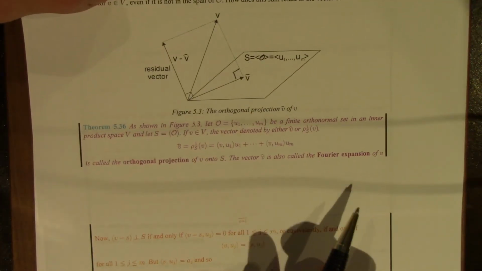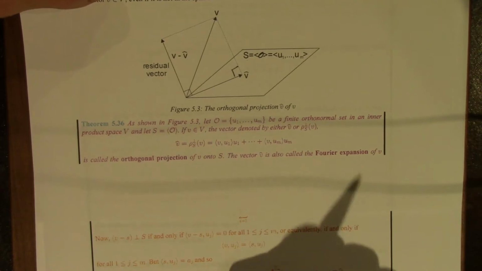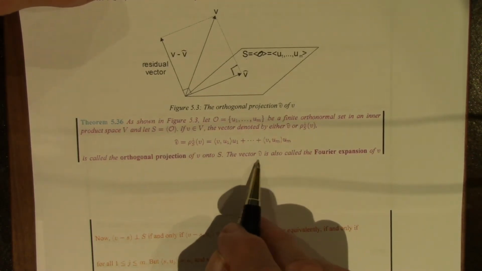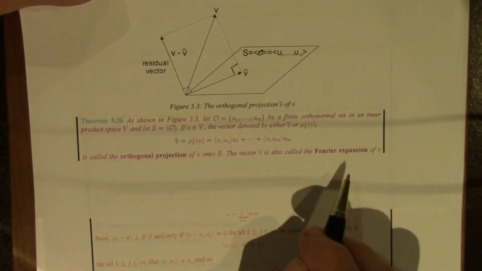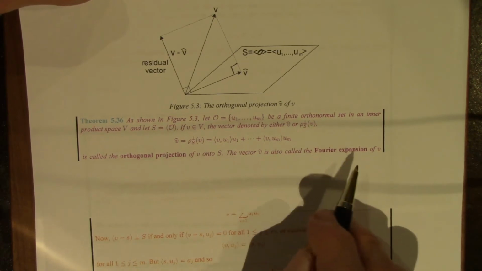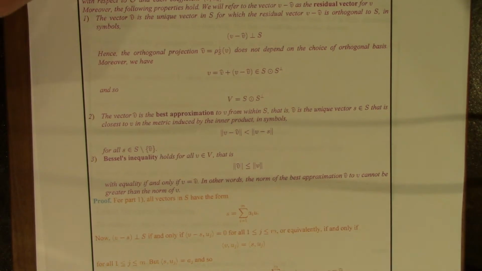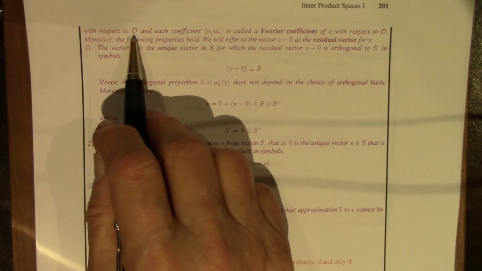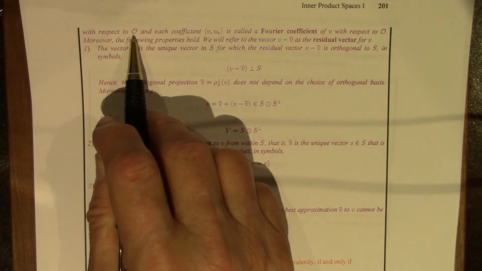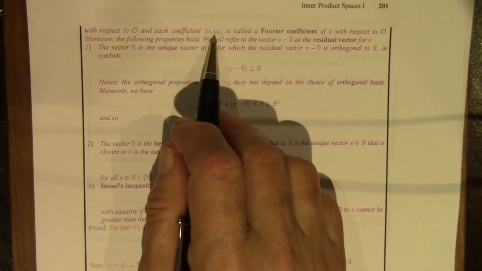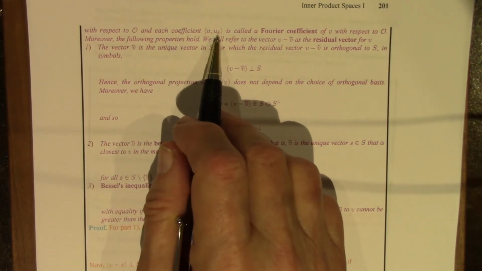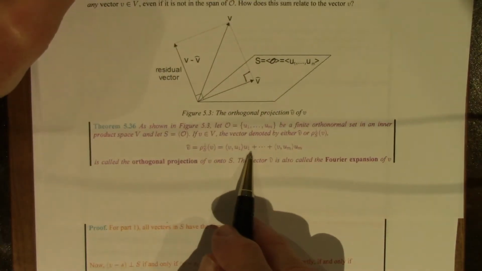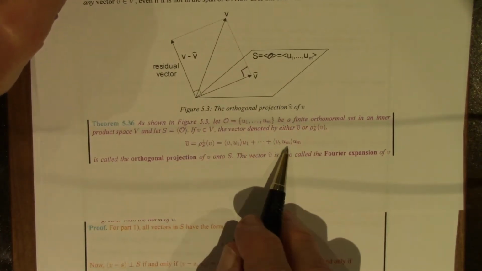Otherwise, it is not. This vector v hat is also called the Fourier expansion of v with respect to the orthonormal set O. And each of the coefficients in this expansion is called a Fourier coefficient.